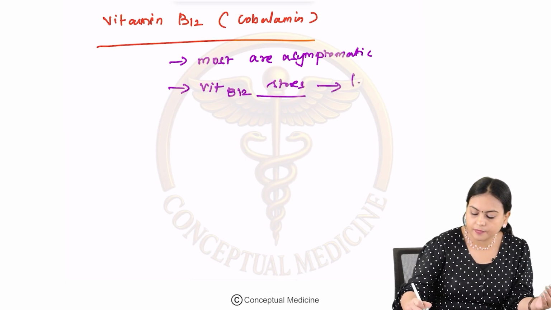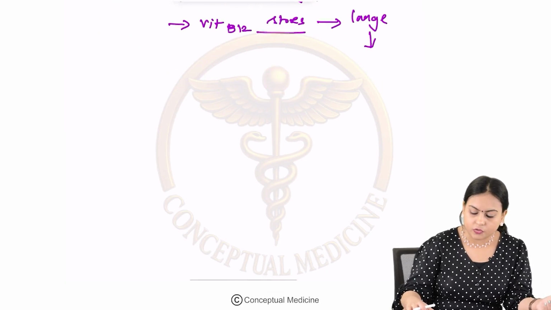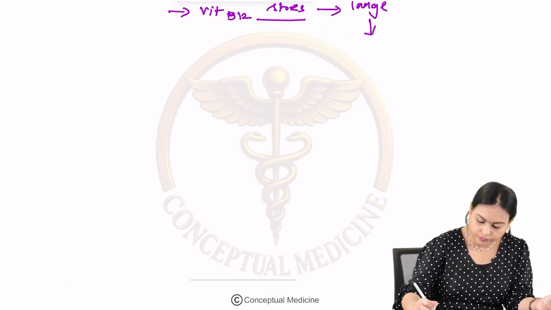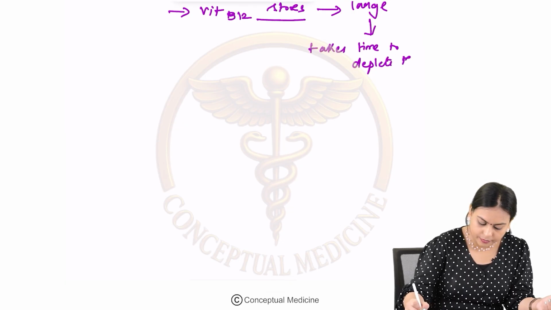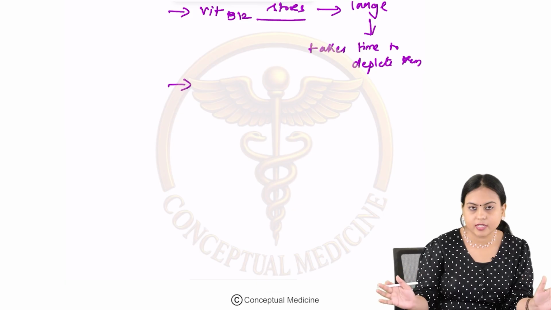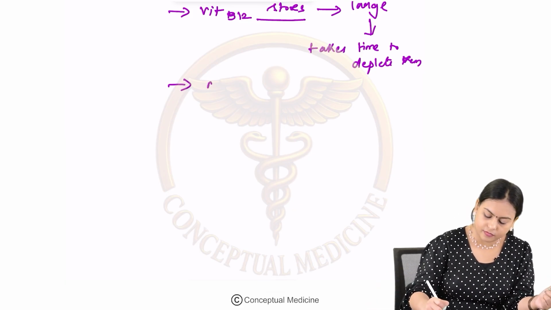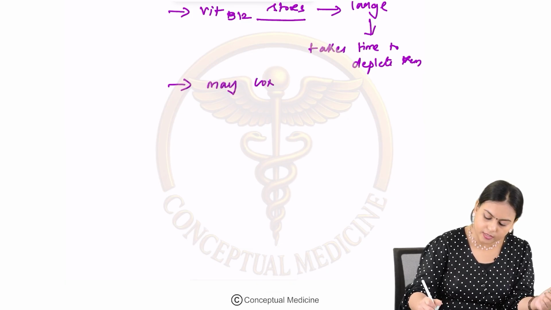So, it takes so much time for depletion of these stores. And as we have already seen, this is not seen alone, it may coexist with iron deficiency or folic acid deficiency.